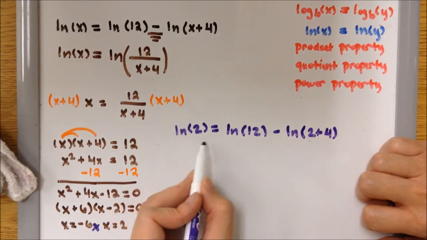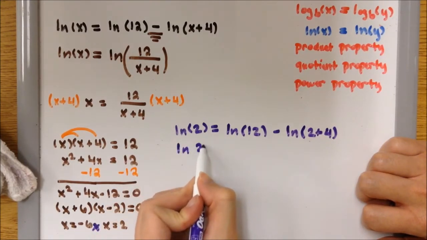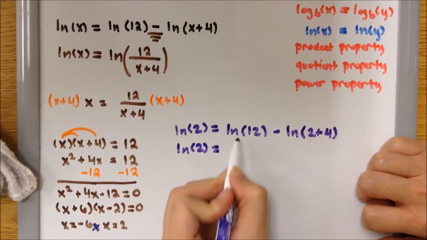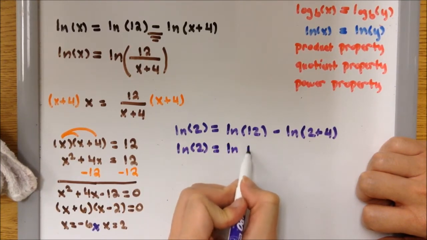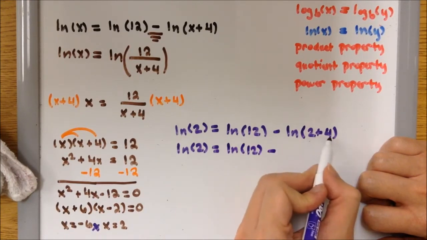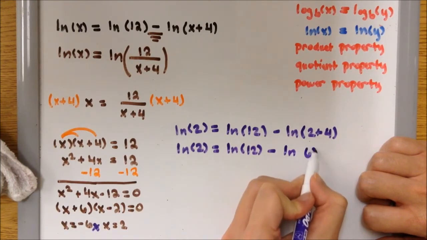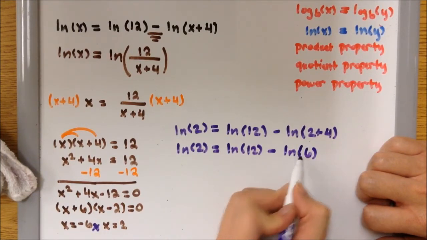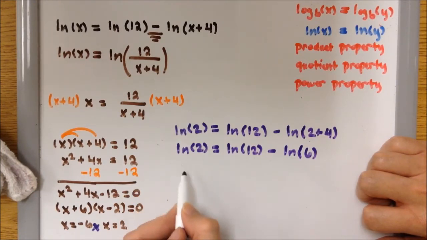There's nothing I can do on the left, so I'm going to just bring it down. Bring down this one too, because there's nothing else I can do. Now this one, natural log of 2 plus 4, is simply natural log of 6. Now if I want to check if it actually is equal on both sides, first I'm going to bring down the left side.